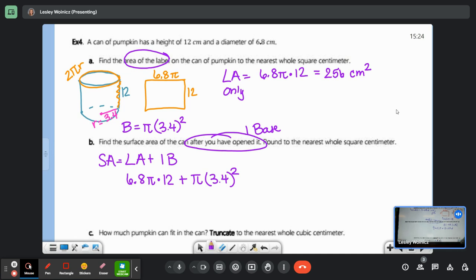Okay, you can put that whole thing in your calculator, round once at the end, not in the middle. I'm getting 293. Okay, area is in square units. It's 2 dimensions. I should have a power of 2. Questions? All right, let's keep on rocking.